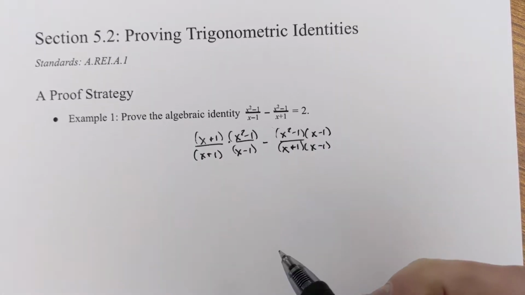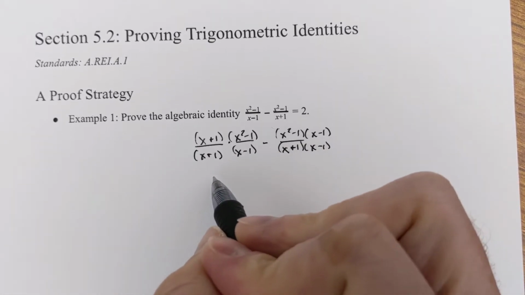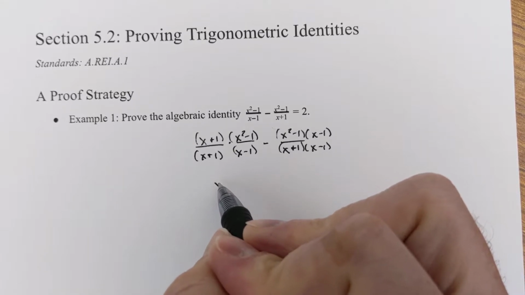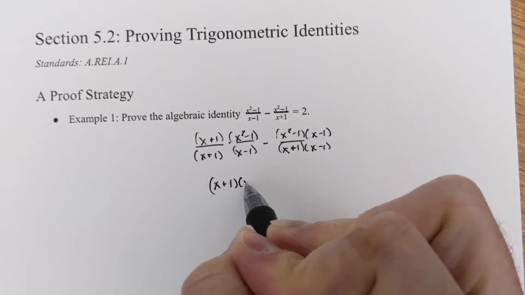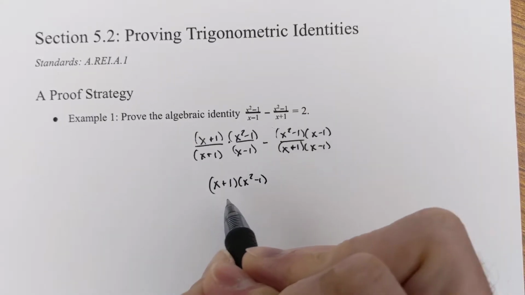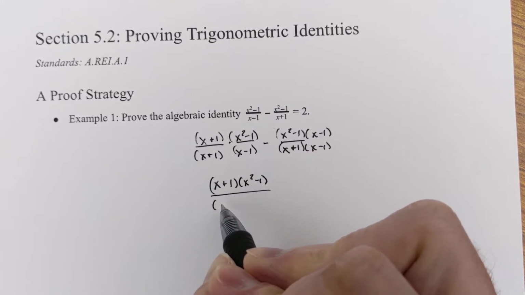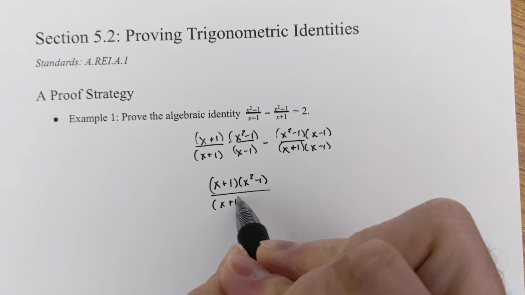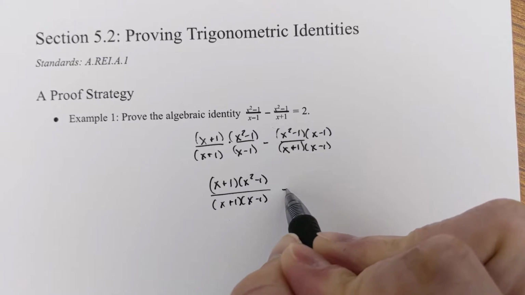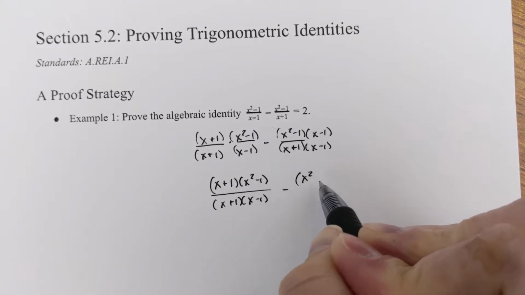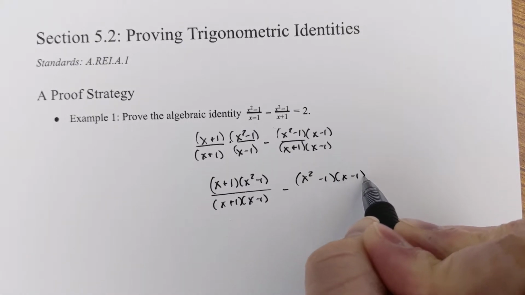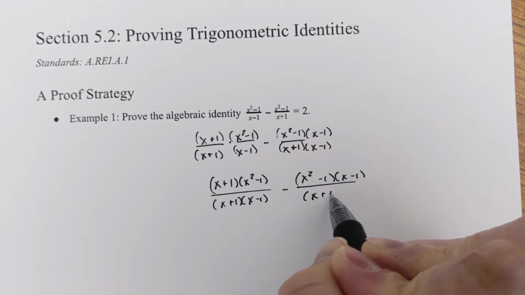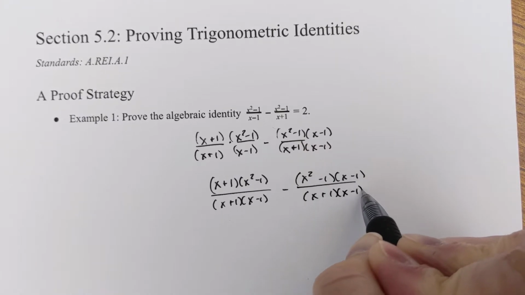So we have x plus 1 times x squared minus 1 over x plus 1 times x minus 1 minus, so we have this.